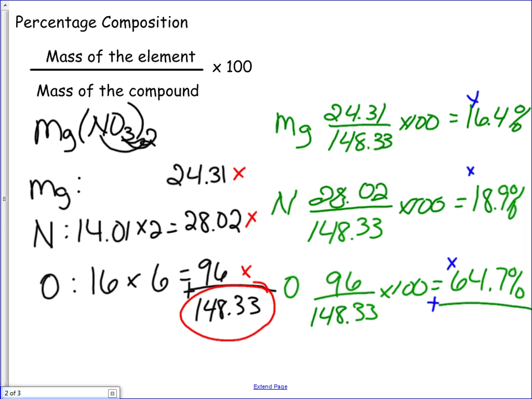And so, let's see, this actually comes up to be exactly 100%. So now our answers for this one, magnesium would be 16.4%, nitrogen is 18.9%, and oxygen is 64.7%. So this is all we do for percent composition problems.